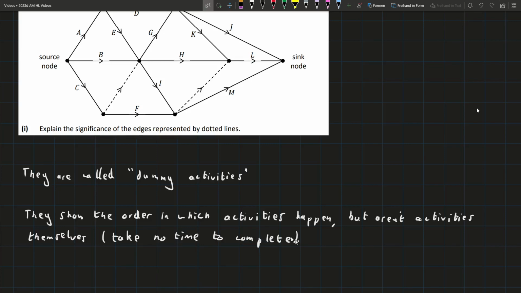And then I always like to give an example, just because it's nice to add extra stuff.